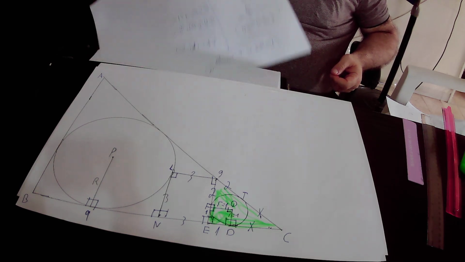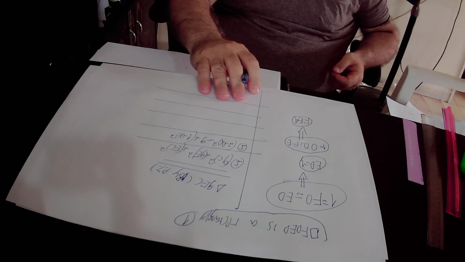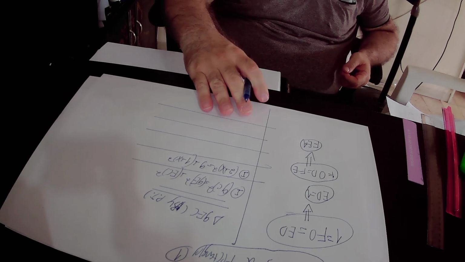So in total, according to equation number 1, we found out that (2 plus x) squared equals 9 plus (1 plus x) squared.